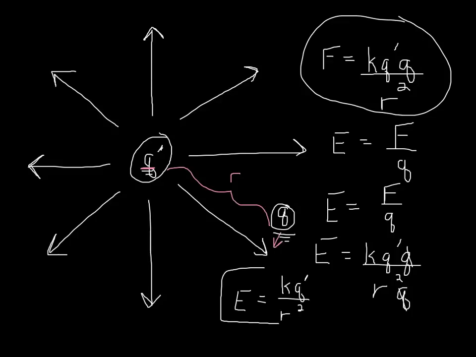So the electric field depends only on K, the charge that's making the field, and the distance you are from that charge. This is a very useful definition for electric field, and we can also remember the alternative equation in terms of the electric force. E is equal to F divided by Q. These are two useful equations for you to know.